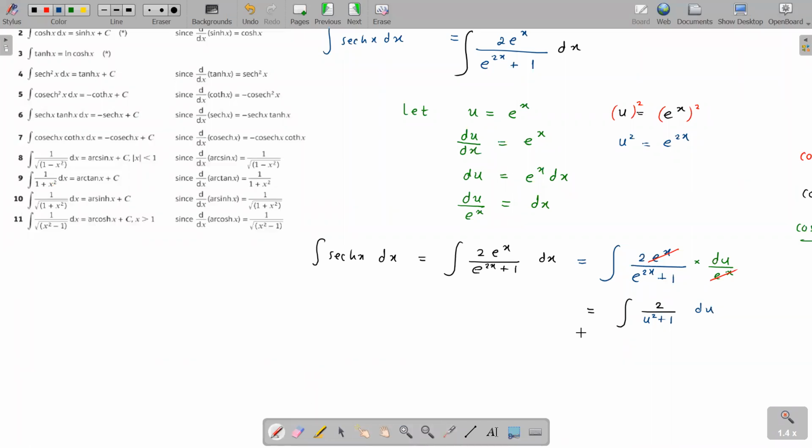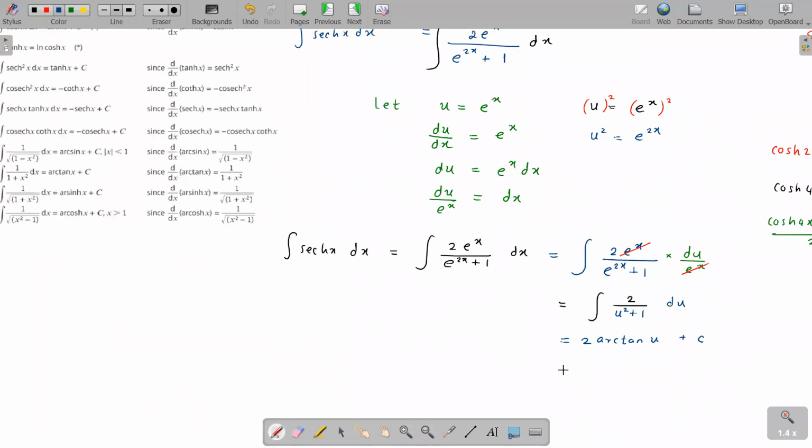So keeping the 2 out, rule number 9 gives me arctan u plus c. Now finally replace the u. When you replace u, we get 2 arctan e to the x plus c. Okay, so this is the technique that we use to integrate sech x. So you must know about this integration technique also.